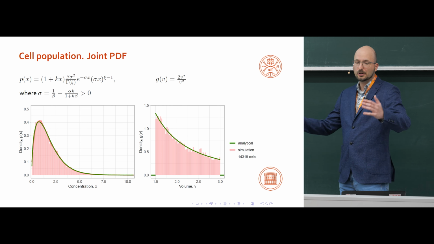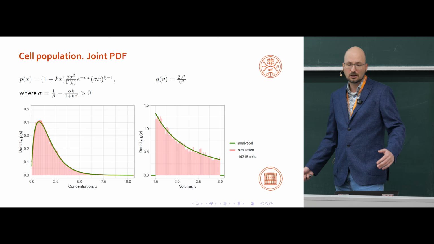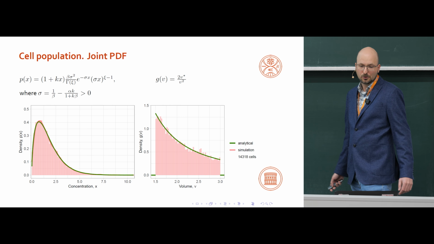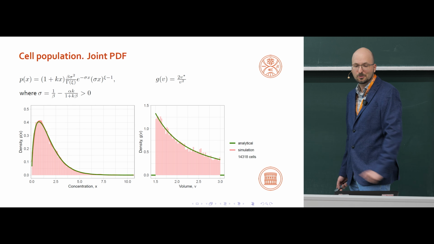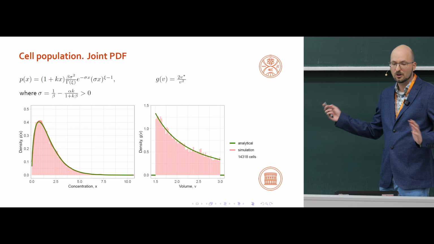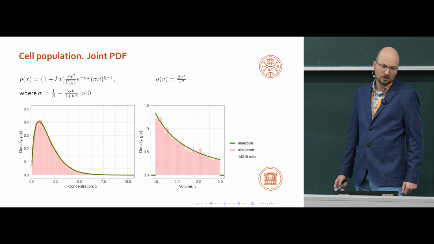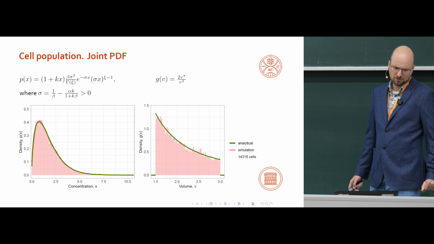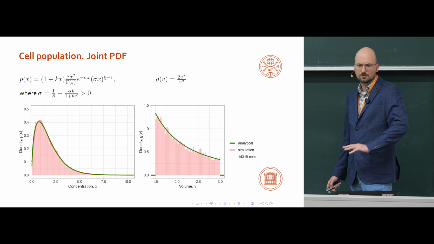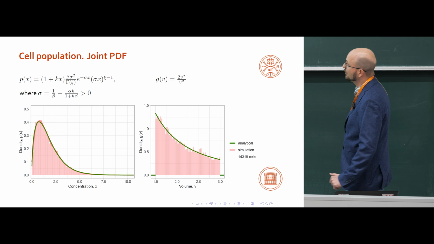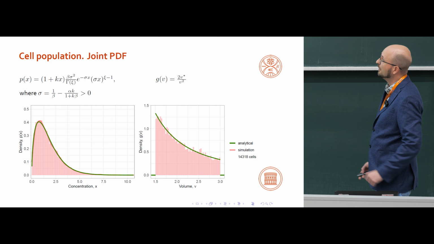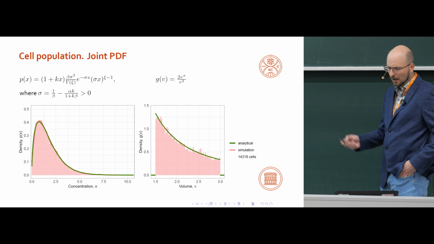We did the simulation of the branching process Irina did. We got 14,000 cells at the end of the simulations, and we counted how many of them have which concentration of protein, which volume, and these are the histograms, and it fits with the theoretical prediction.